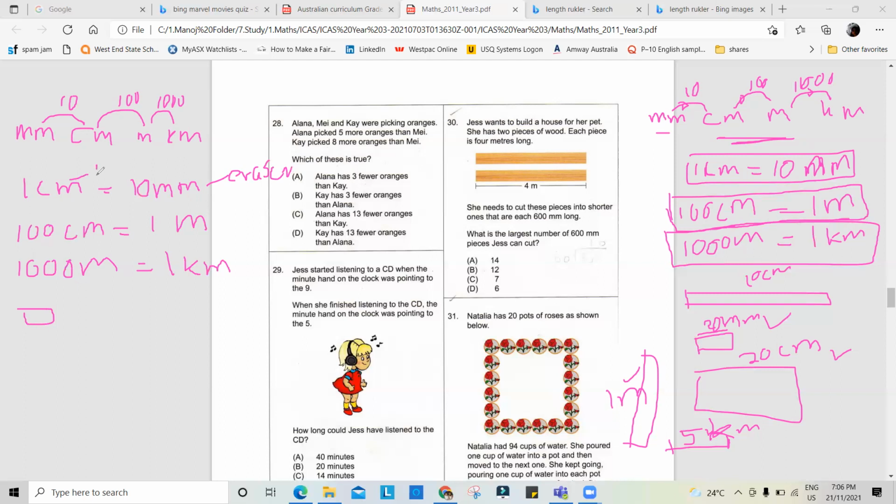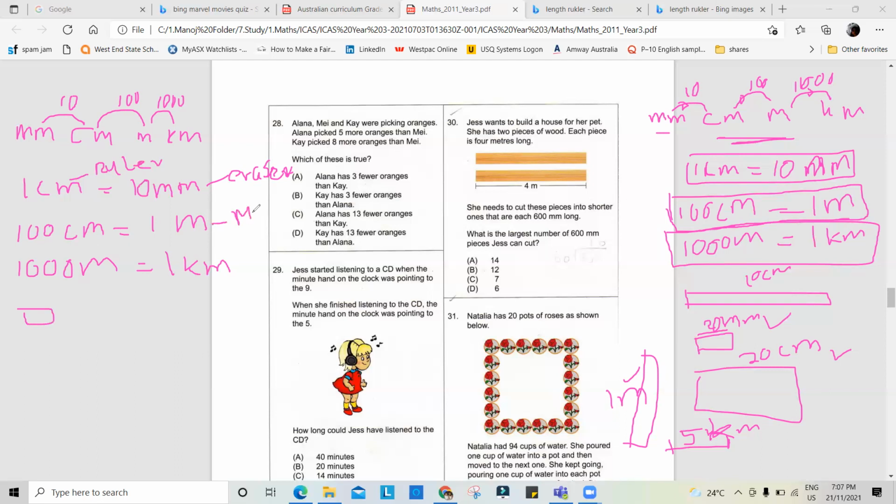This is a ruler or maybe a TV screen, right? How do you spell eraser? E-R-A-S-E-R. And 1 meter maybe my height.